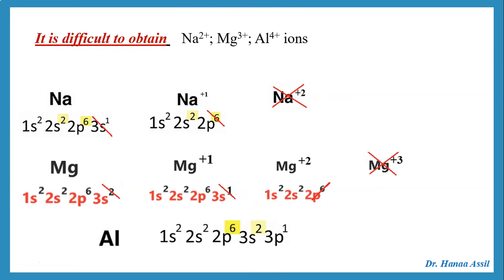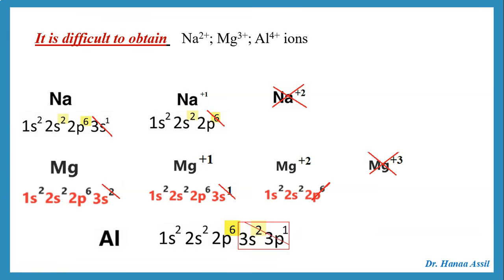Again, aluminium. Aluminium has 3s2, 3p1. So the first ionization energy will remove the 3p1. The second ionization energy will remove an electron from the 3s, which is relatively close. It's still in the same energy level. The third ionization energy will remove the second electron that's in the 3s.